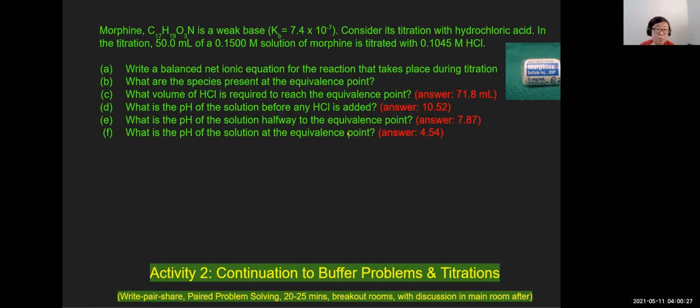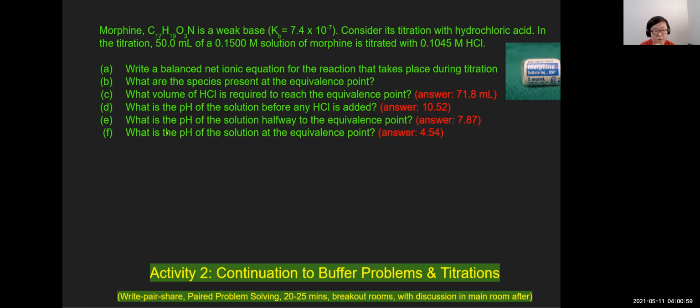So this halfway means you have the exact same concentration of morphine as its conjugate acid, H morphine. And so because of that, when you do Henderson-Hasselbalch, the conjugate base and the conjugate acid cancel out to 1, the negative log of 1 is 0. So you just get pH equals pKa.